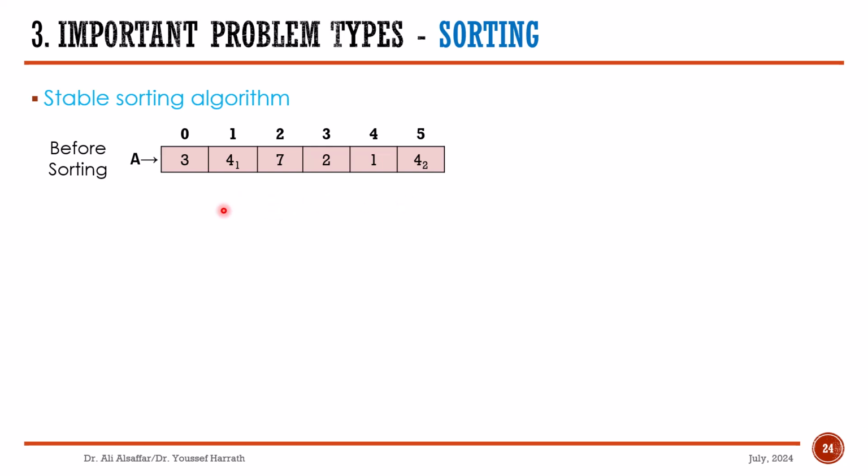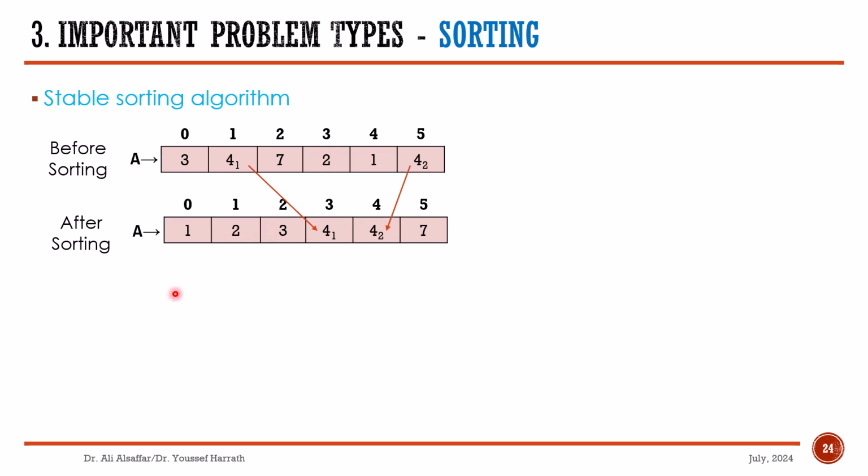Why? Because the first 4 is at index 1 and the second 4 is at index 5. A stable sorting algorithm is an algorithm that after sorting, keeps the relative ordering between the first 4 and the second 4. I mean, the first 4 always comes before the second 4 after sorting.